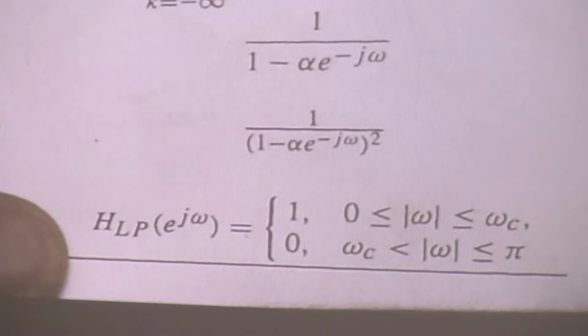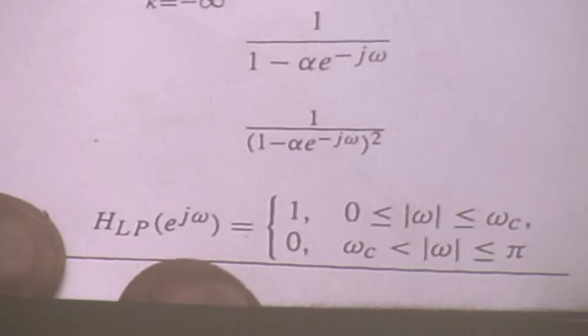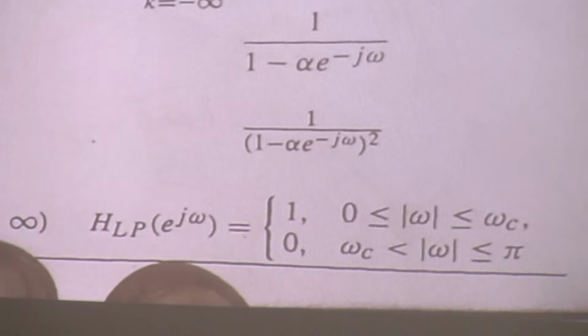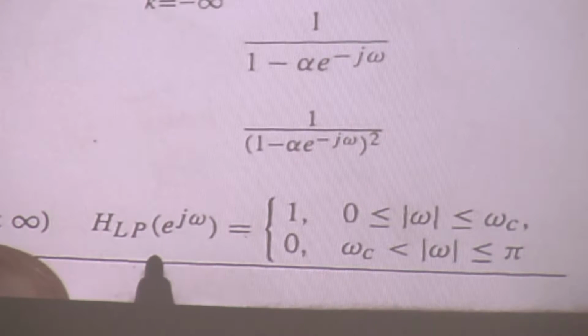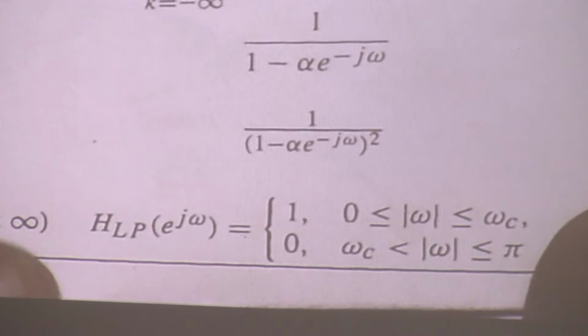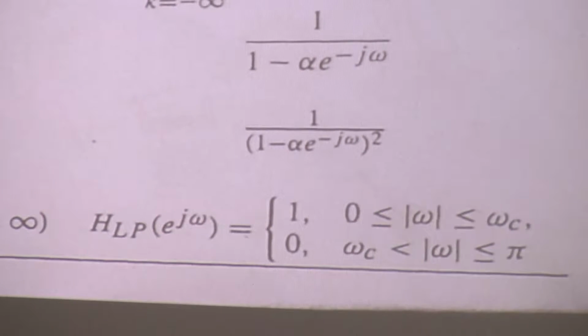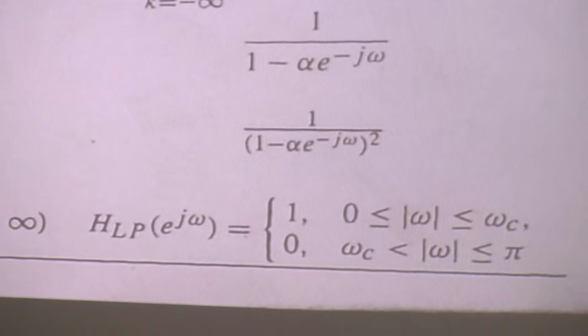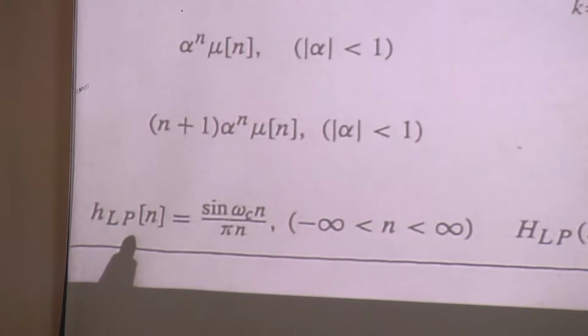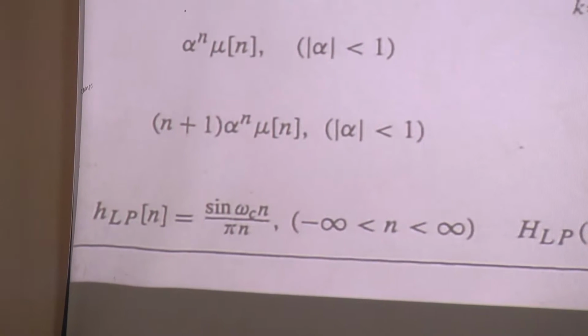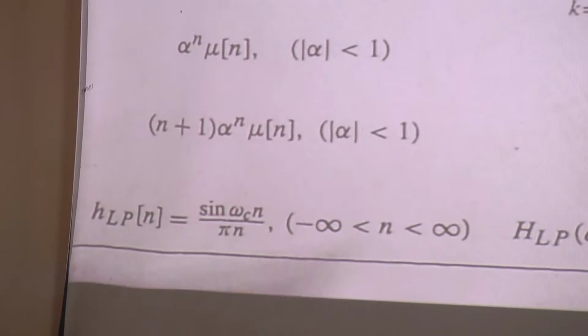The Fourier transform of the impulse response is the frequency response. So H LP e to the power j omega is the frequency response of a low pass filter, and this h LP n here is the impulse response of the ideal low pass filter. Alright, this we will prove just now.